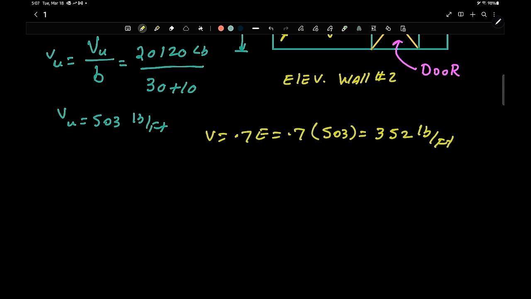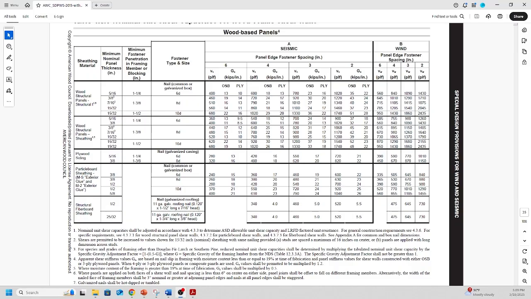I'm going to go back to this table. So look at the column right here. We've got sheeting material, minimum nominal panel thickness, and fastener and nail size. We're going to use wood structural panel, either this row or that row, and then we're going to use a 3/8 thickness for our sheeting, and then a 6D nailing, and then we're going to come back in here.